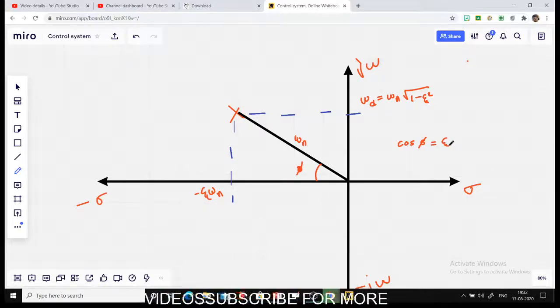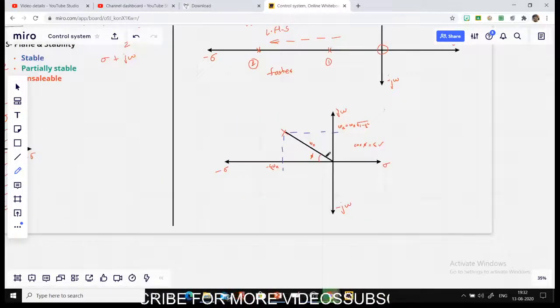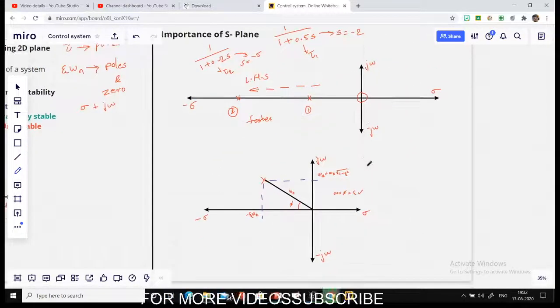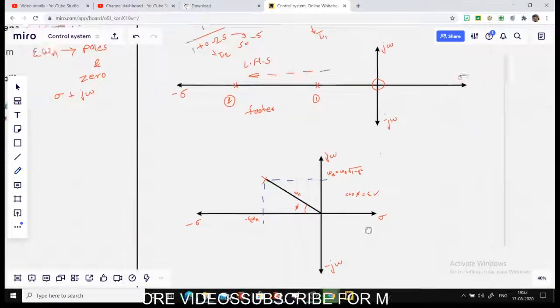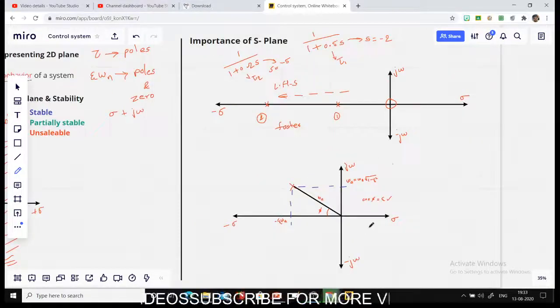So once you plot this line, you can easily measure the value of phi, take the cos of it, and you will directly get the value of zeta. This is how everything can be represented on your S-plane, and you can easily determine various values just by plotting a pole on your S-plane. So how is this important?